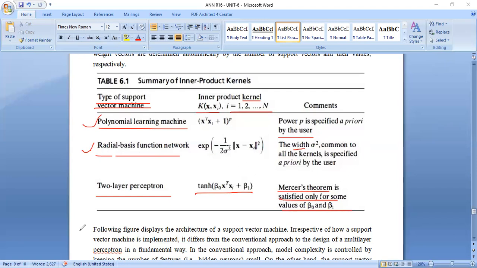But the third function would not, because here we have beta naught and beta 1 values. Only some values satisfy Mercer's theorem, not all the values of this function, right?